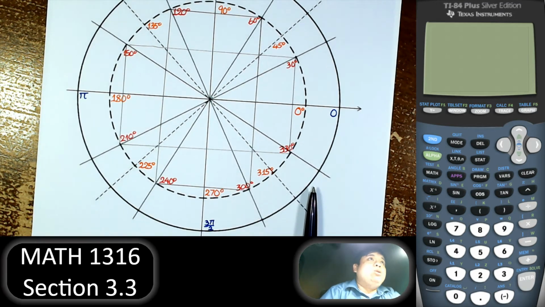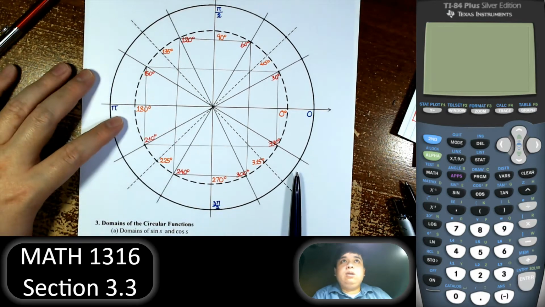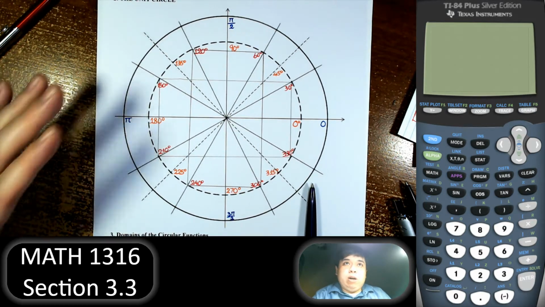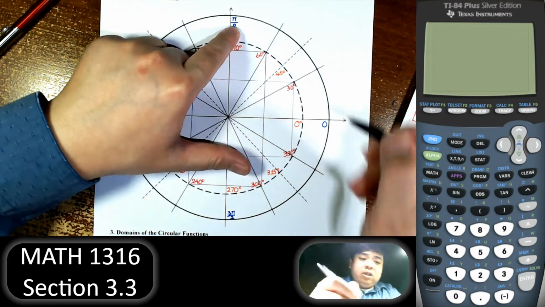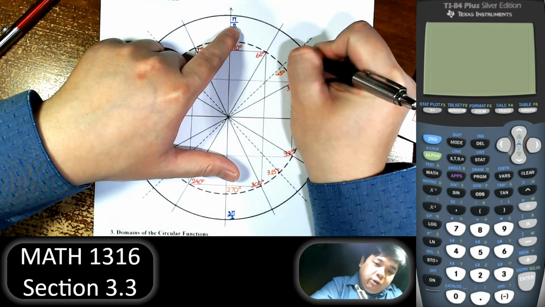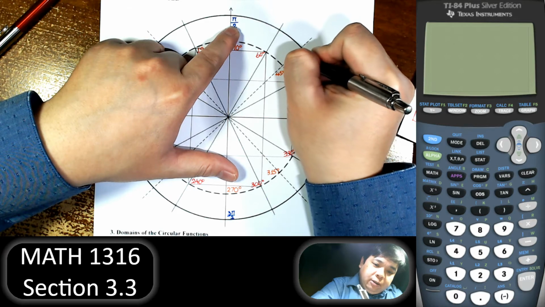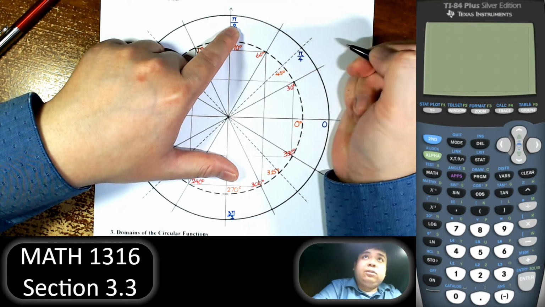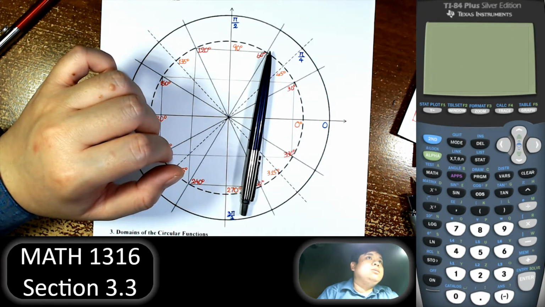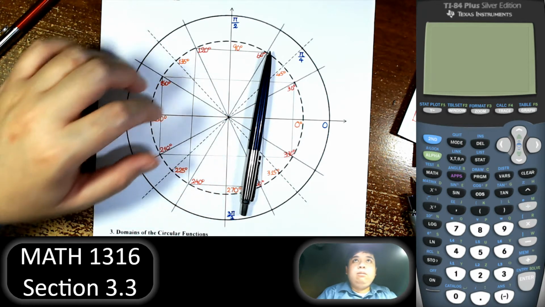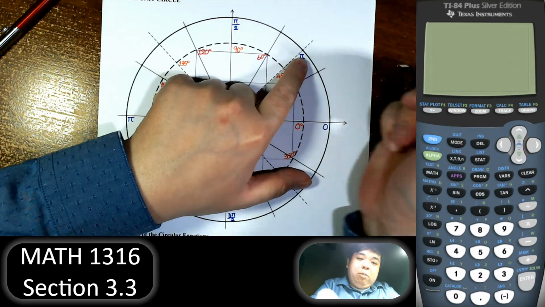Let me zoom out. Yeah, it's a little bit small, but at least we see the whole circle. Right, now, half of the pi over 2 is pi over 4.